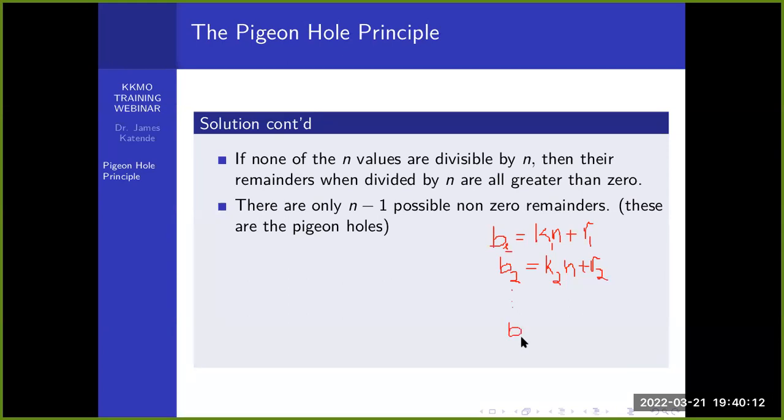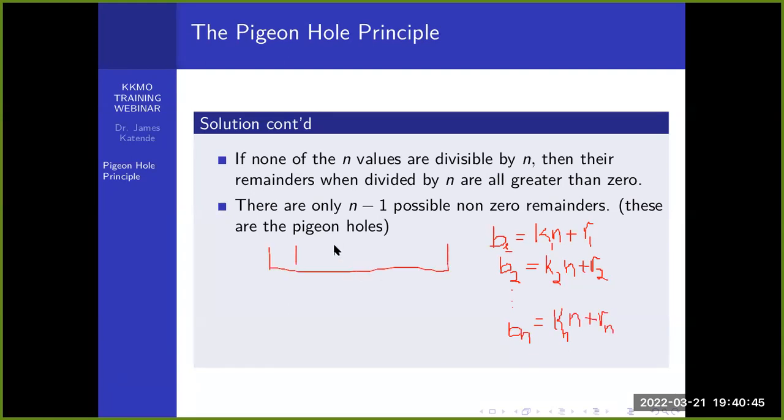Bn will be equal to some multiple of n plus a remainder, but the total number of possible remainders becomes our pigeonholes.